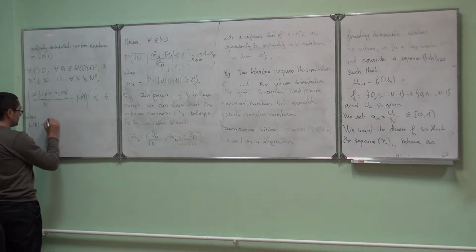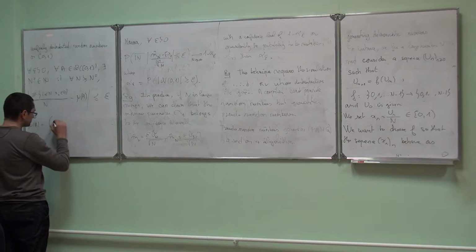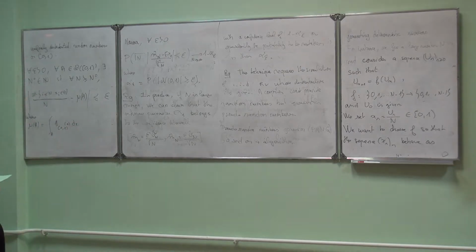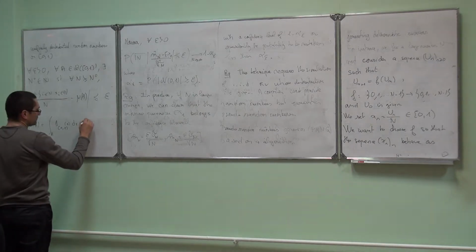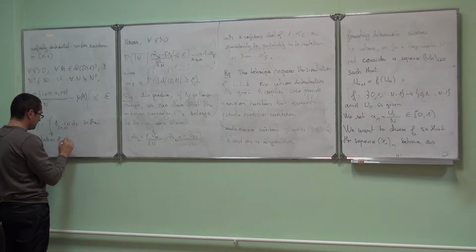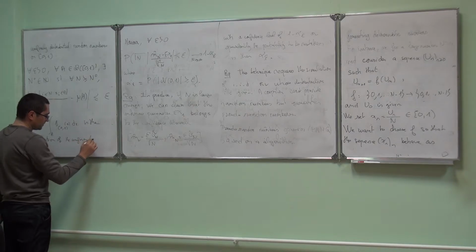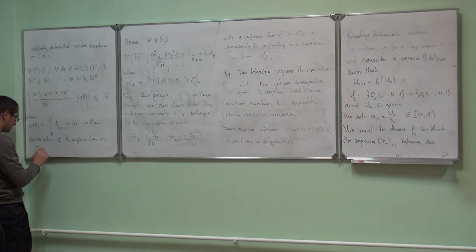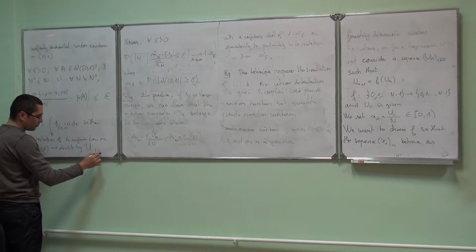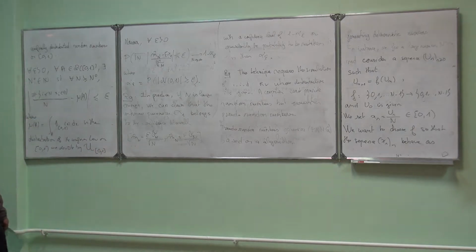That is the integral over A of the indicator function of [0,1] of x dx. So this is the uniform law on [0,1]. We denote it by U([0,1]) in the following of this lecture.